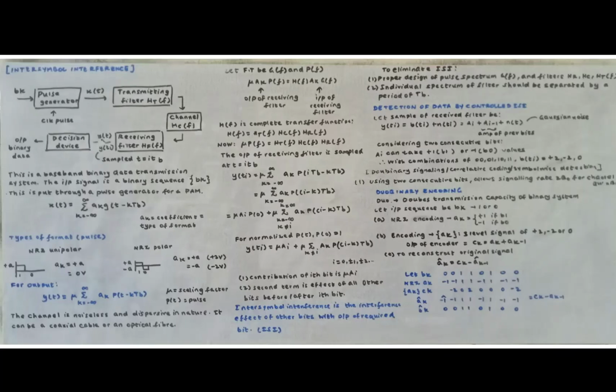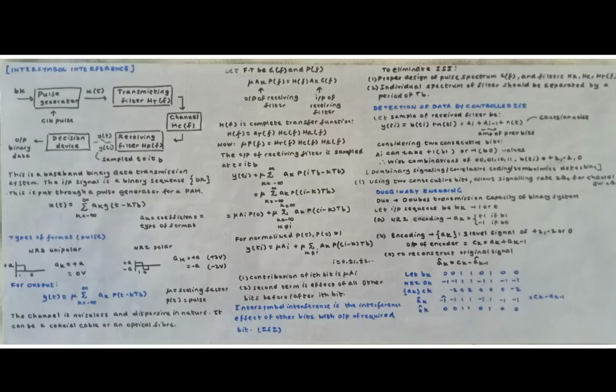So your H becomes the product of the three: HR, HC, and HT. Where mu is a scaling factor, your output is sampled at t equals iTb. Your equation becomes mu times the summation of k equals minus infinity to plus infinity of ak times p of (i minus k) times Tb.